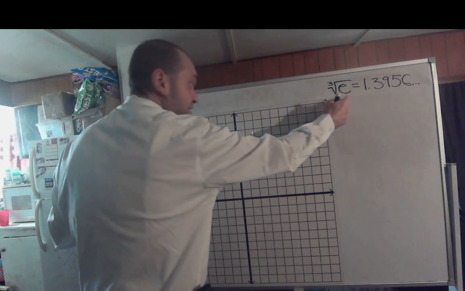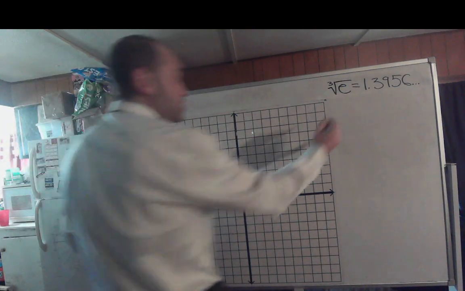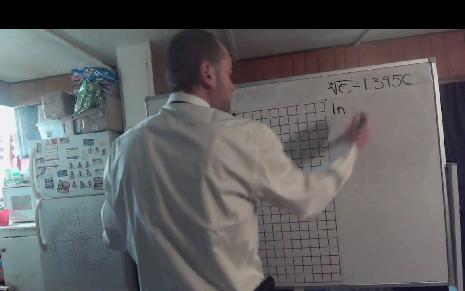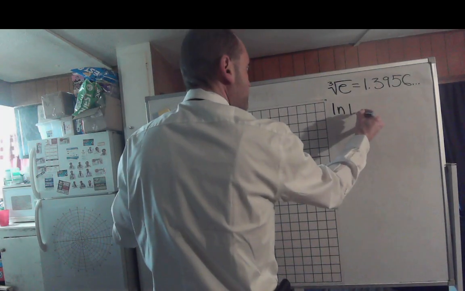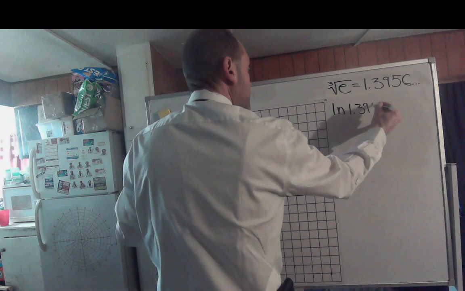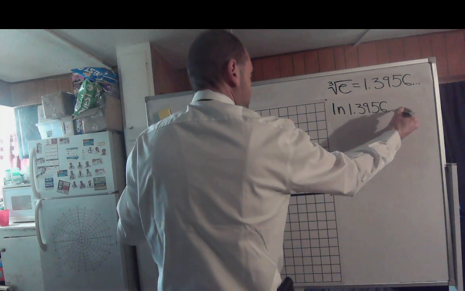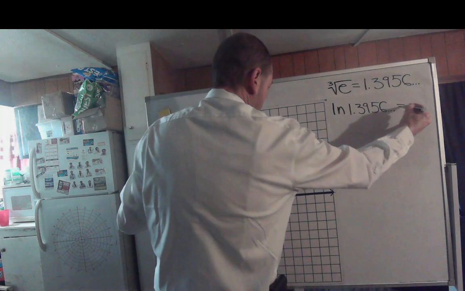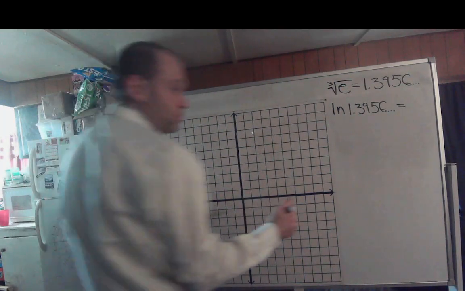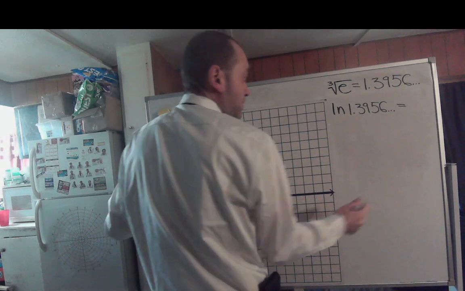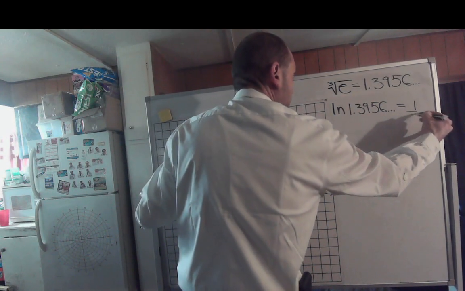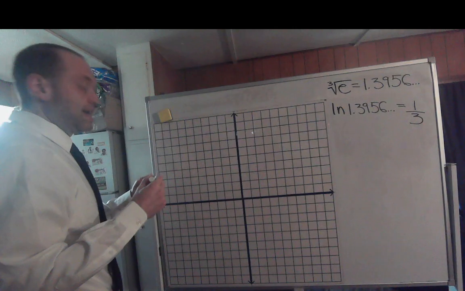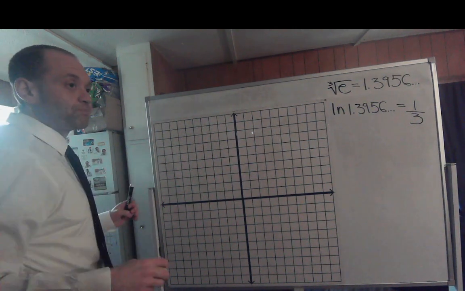So this is base e, so that means it's going to be a natural log, the ln of the right-hand side of 1.3956... equals, now that's really e to the 1/3. The cube root is to the 1/3 power, so this would equal 1/3. That's exactly how you would convert that.